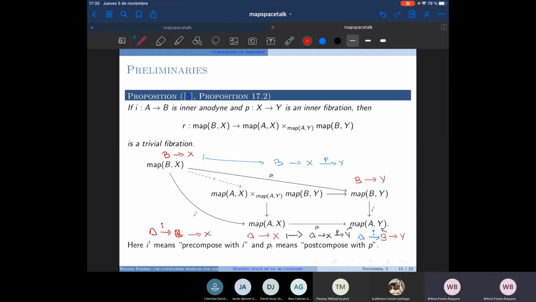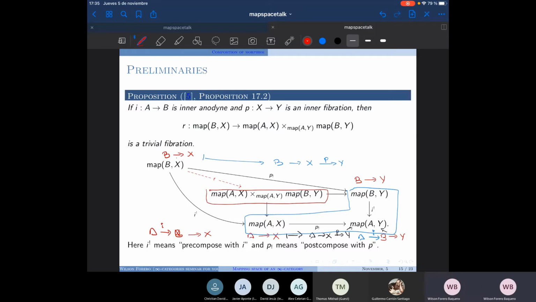Okay, so what does this mean? That the outer diagram commutes. Okay, so if we take the pullback of this diagram, we have this object, the red box.